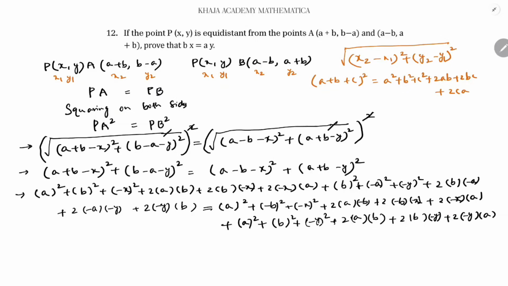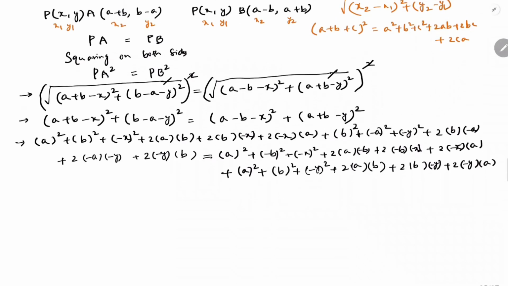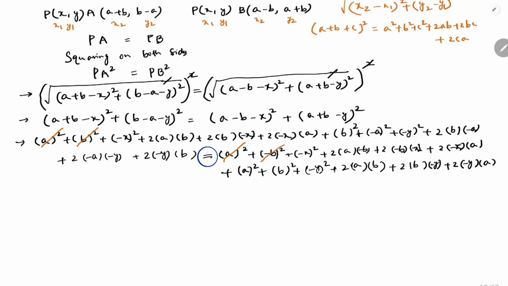Now here one step, see, try to remember this is on the equal to sign. So on the left side and right side, a square and a square will get cancelled. b square and minus b whole square is b square only, they'll get cancelled. Minus x whole square is x square and x square, they'll get cancelled.